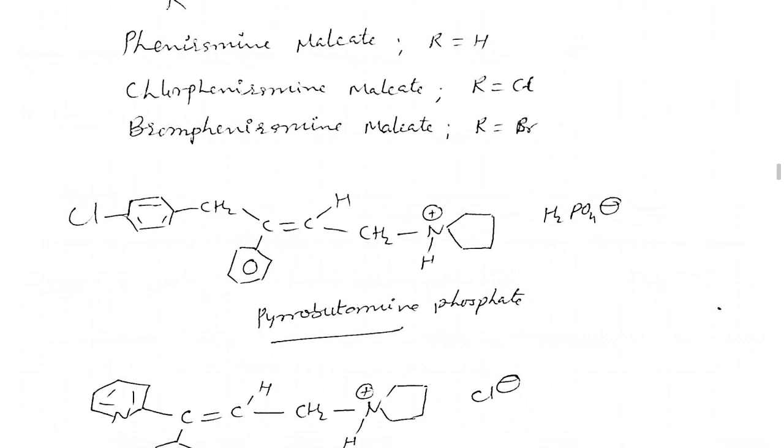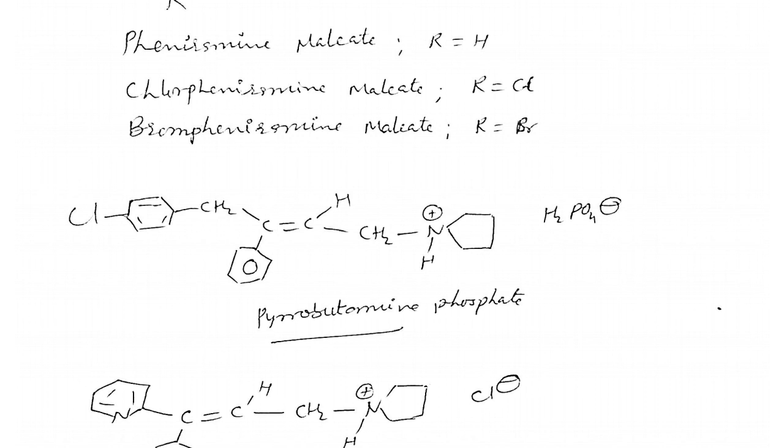And this is about pyrrobutamine. Pyrrobutamine is present here. There is a chlorophenyl benzyl group and a phenyl group, and there is a butyl group, CH2, C double bond C, and CH2.